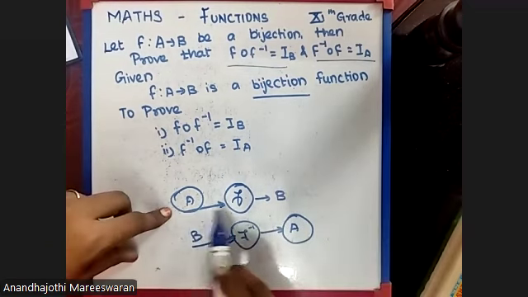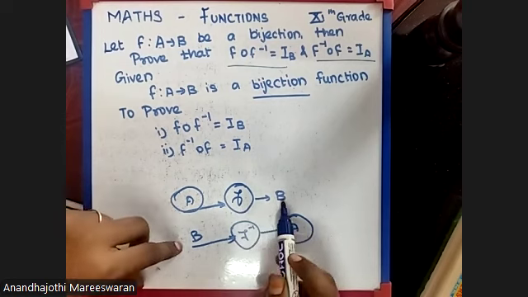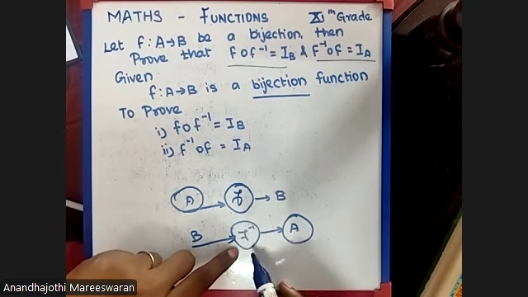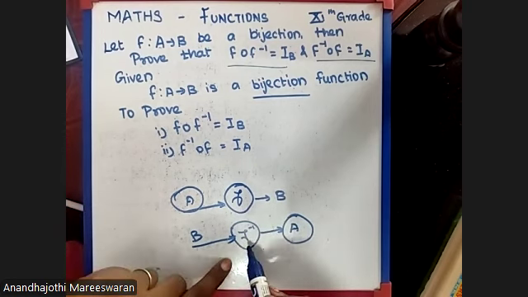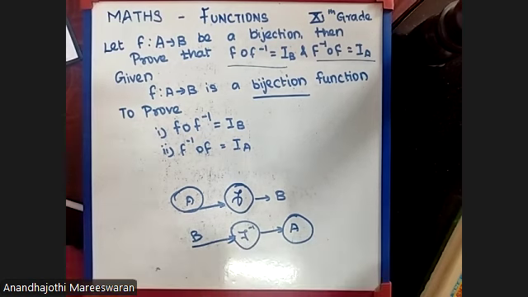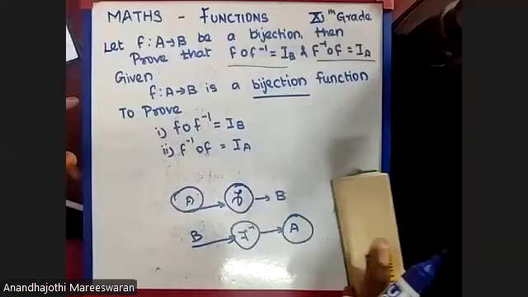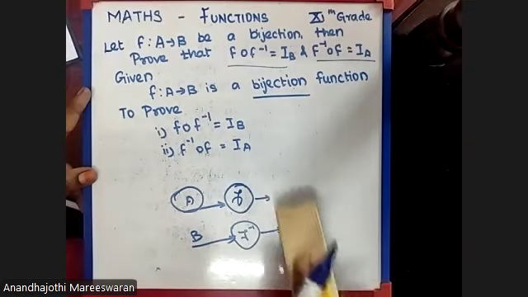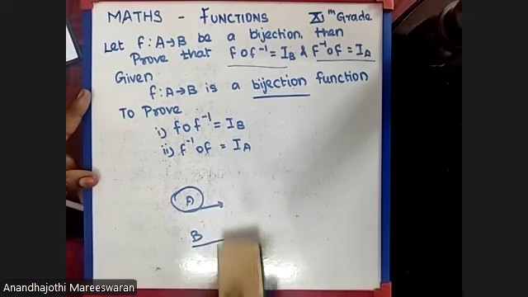So initially A is given as input to the function, it produces B. If the function is inversed, we give B, it produces A. It is a bijection function. Shall we start to solve?